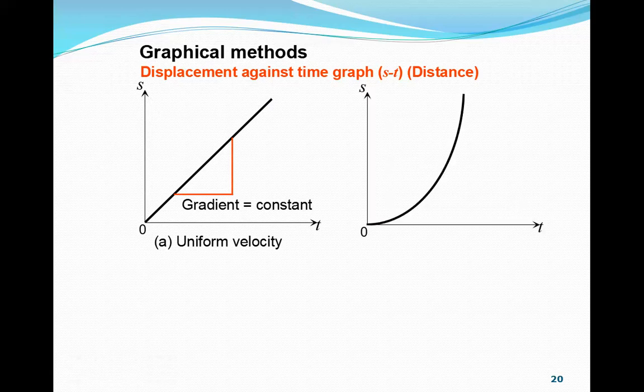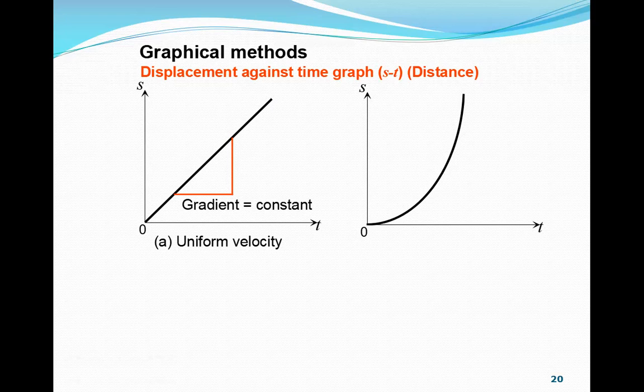Next one. If I have this type of graph, like a curve, then as I told you in the previous lecture, the curve made on your left hand shows the decreasing gradient, and the curve made on your right hand shows the gradient is increasing.